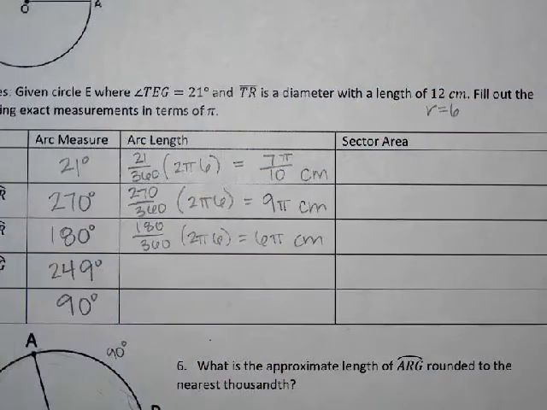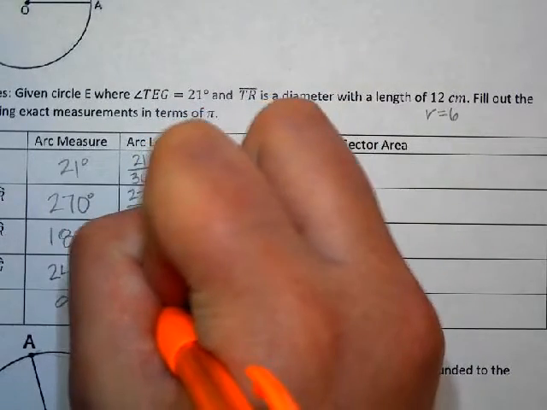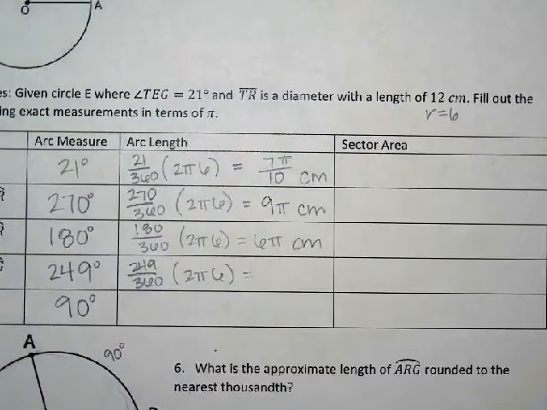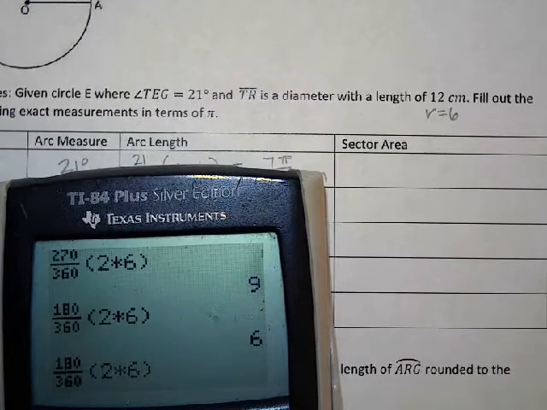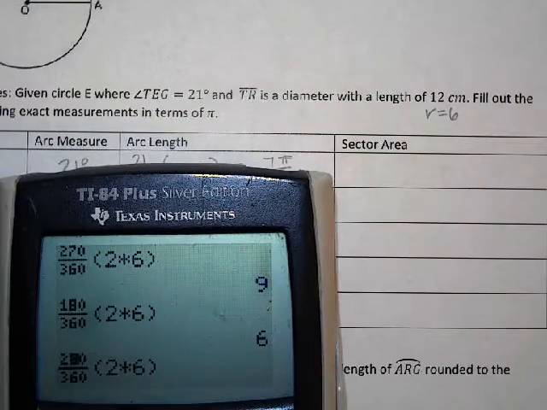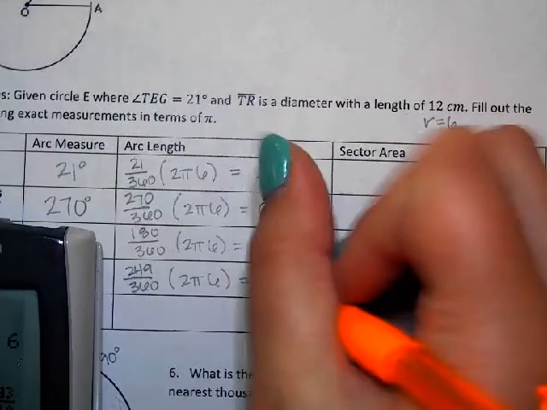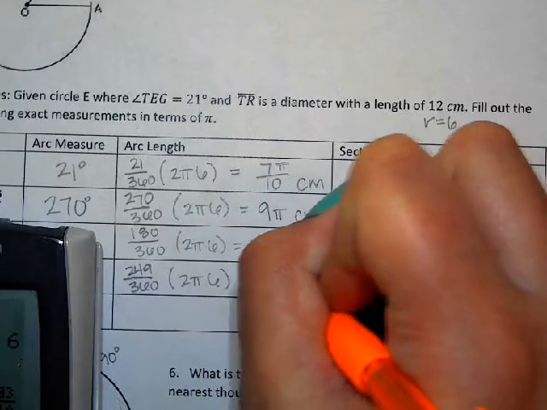Okay, 249 over 360. 83/10. So 83 over 10, I'm going to stick the pi on top, 83 pi tenths.